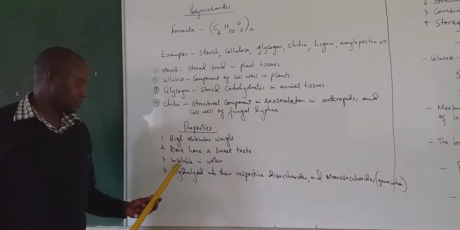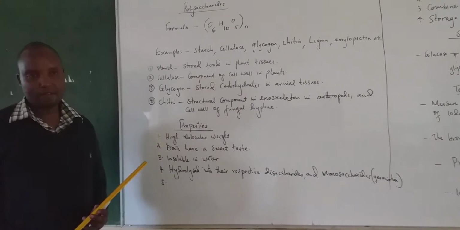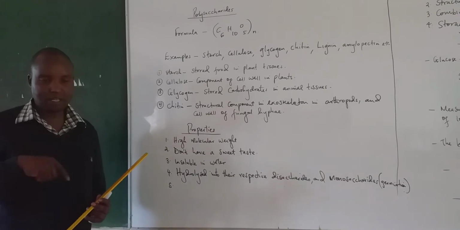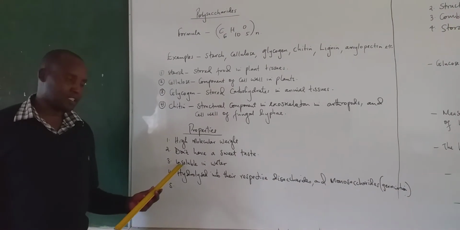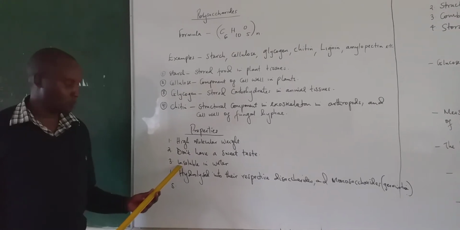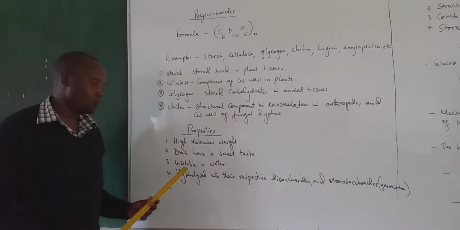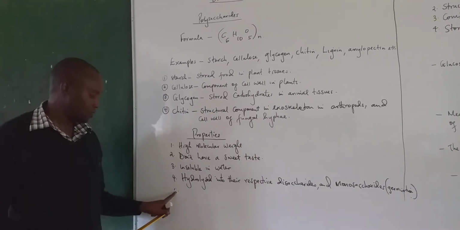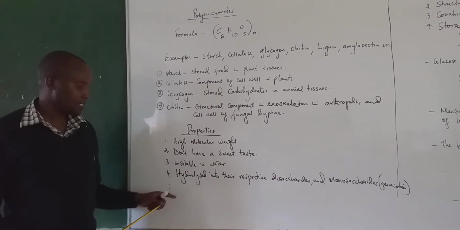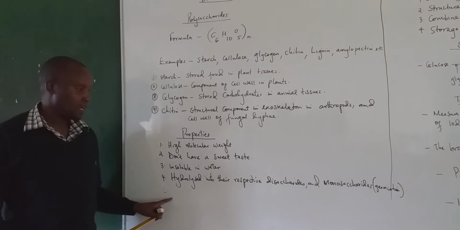They are also insoluble in water. If you mix starch and stir continuously, you realize that the particles will not dissolve completely in water, so it is insoluble. Also, it is hydrolyzed into the respective disaccharides and monosaccharides.